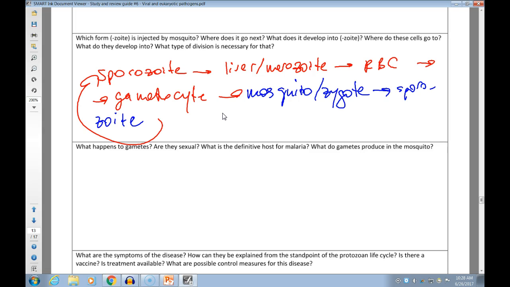Zygotes produce sporozoites. The cycle starts over. Production of gametocytes here is meiosis, because you produce sexual cells. Gametes are sexual. Yes, the definitive host is the mosquito. Gametes produce the zygote in the mosquito.